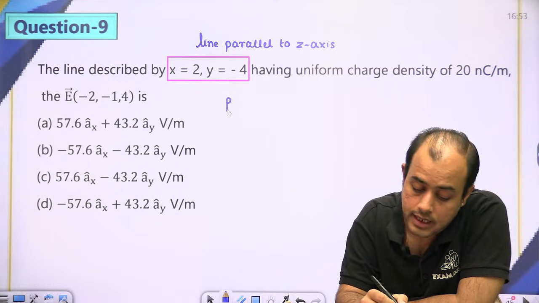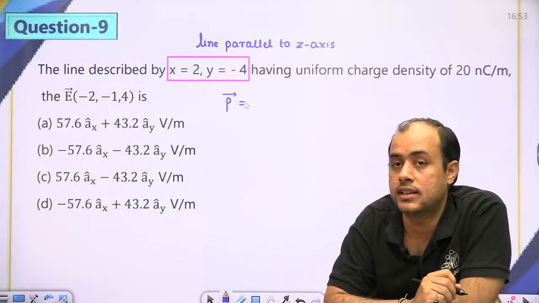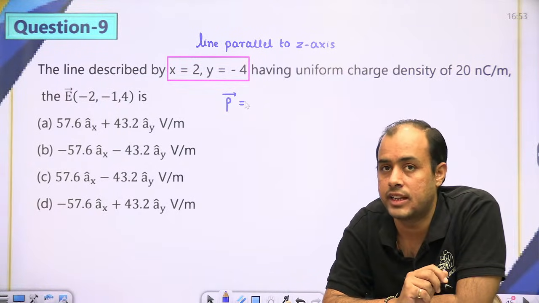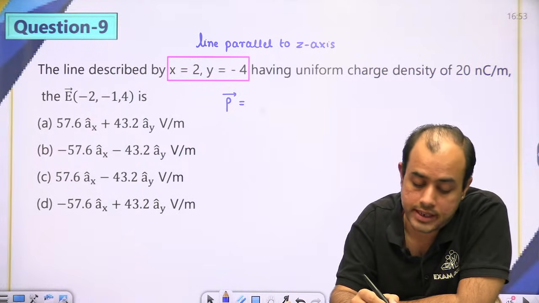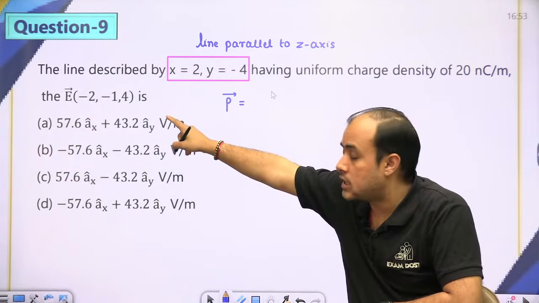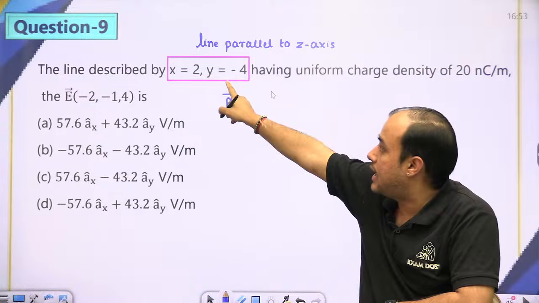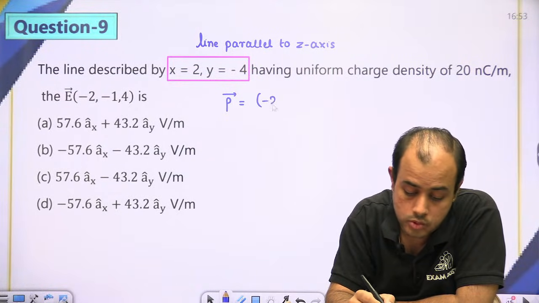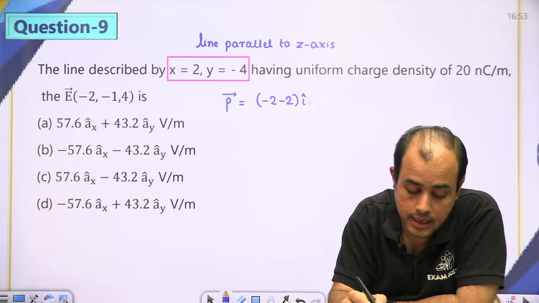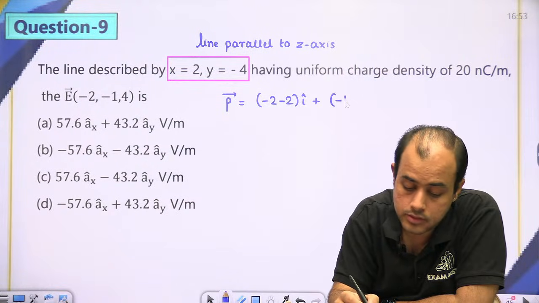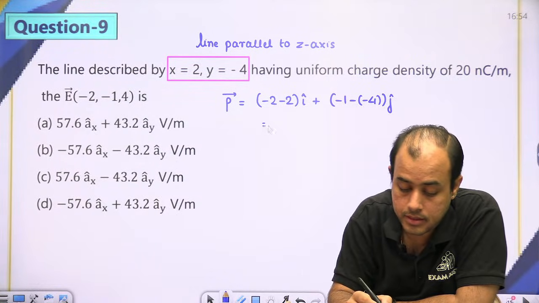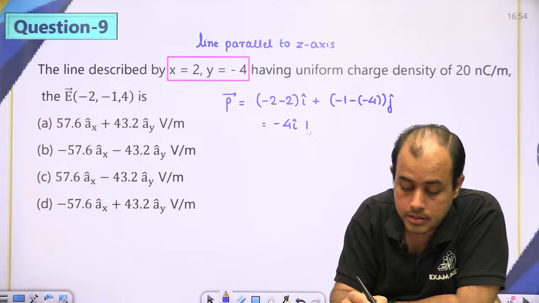So first, beta, let me tell you how to write the rho vector. When it is parallel to Z axis, take the difference of the x and the y coordinate. See the point where you need to find the field and see the coordinate of the charge. So minus 2 i cap, minus 1, minus 4, j cap. So minus 4i plus 3.